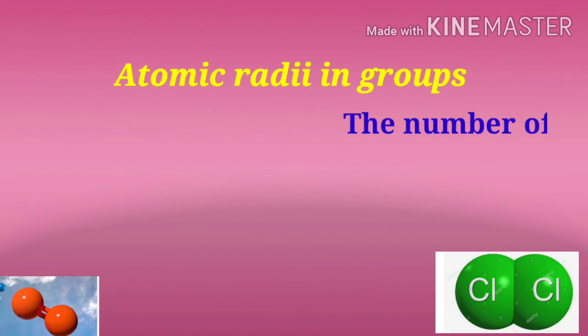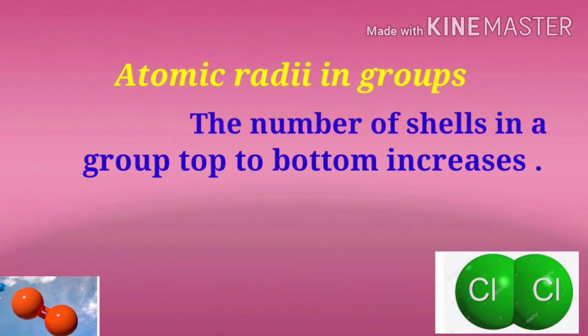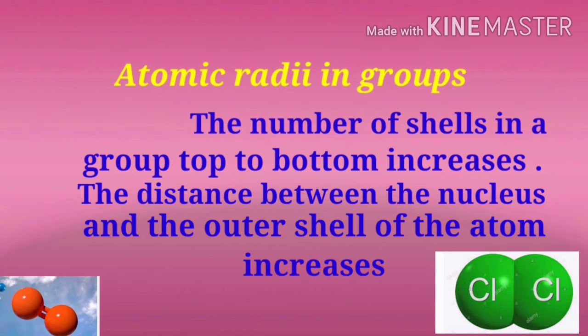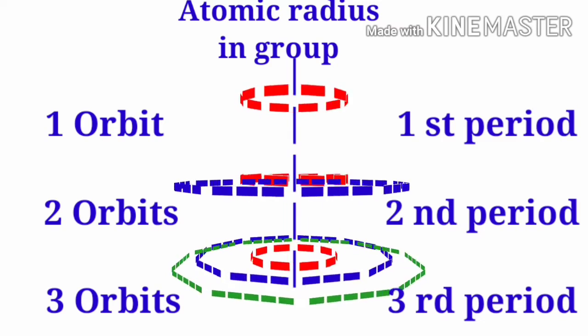Atomic radii in groups. The number of shells in a group top to bottom increases. The distance between the nucleus and the outer shell of the atom increases. We can see the picture.